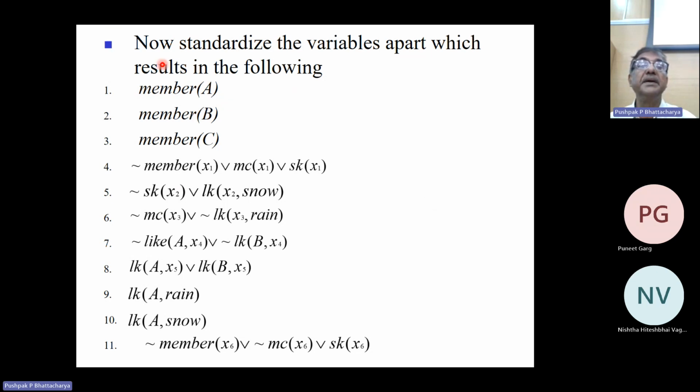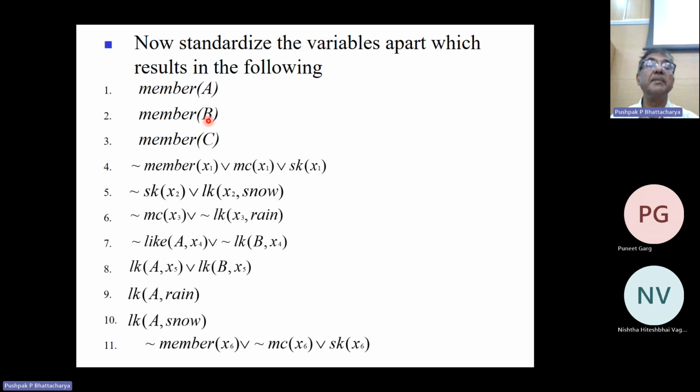The next step is called standardizing the variables apart. That is important because we are interested in a particular variable through which the answer to the question will be obtained. Standardizing the variables apart means that every formula will have its own variable.